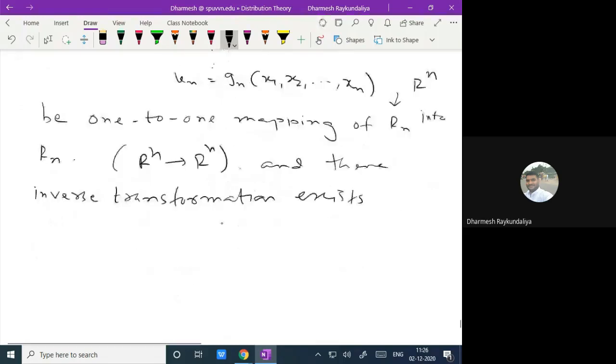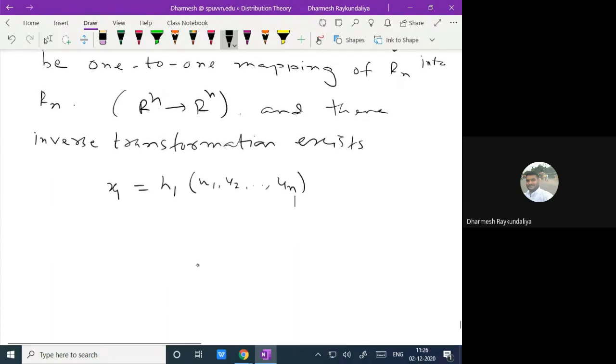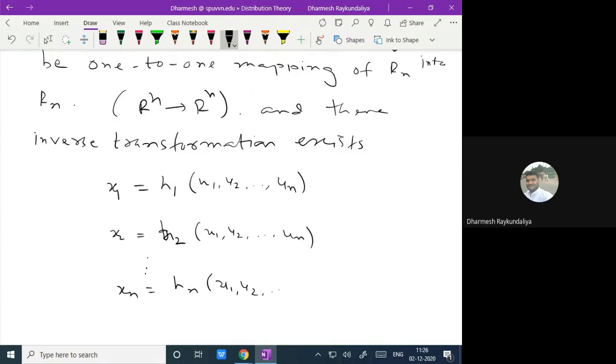So what is the inverse transformation? x1 is some function, let us say h1 of u1, u2, un. Earlier we used to write x equal to g inverse y. So here g inverse is nothing but h1. So g1 inverse is h1. x2 is g2 inverse, that is h2 of u1, u2, un. And likewise xn is hn of u1, u2, un.